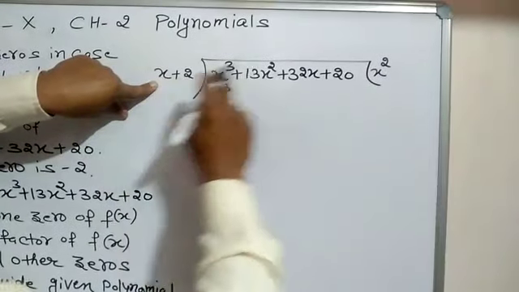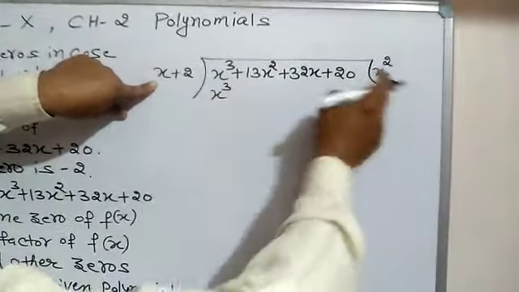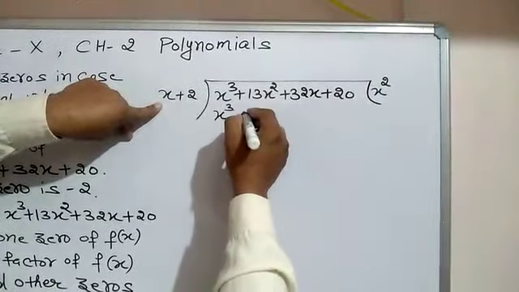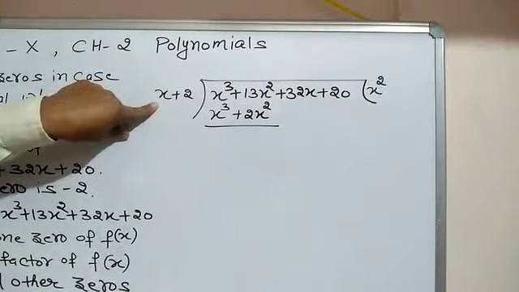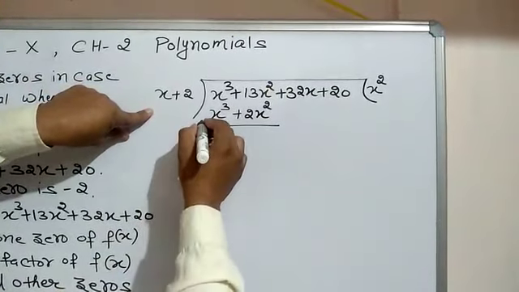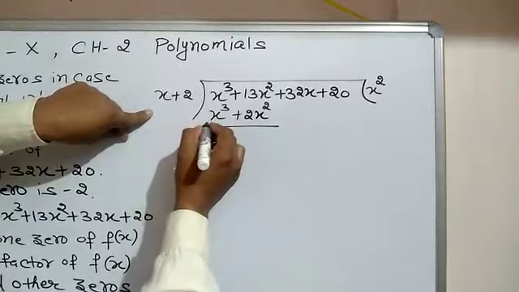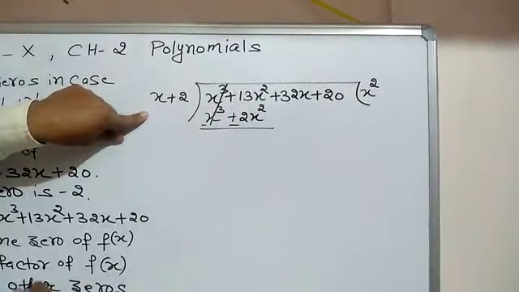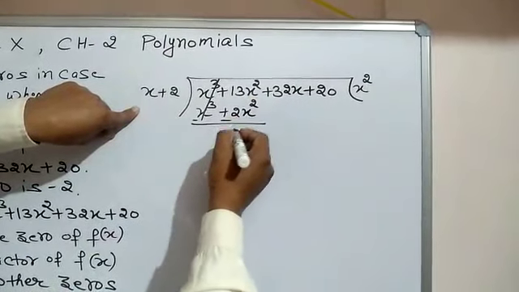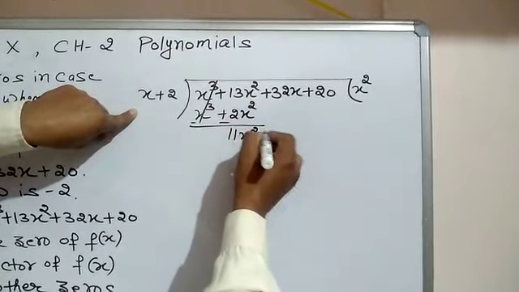Then plus 2, 2 multiplied by x square, we get 2x square. By the condition, we write x square below x square and x cube below x cube. On subtraction, the signs change, so these cancel themselves, and 13 minus 2, we are left with 11x square.